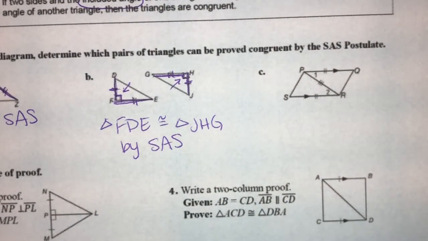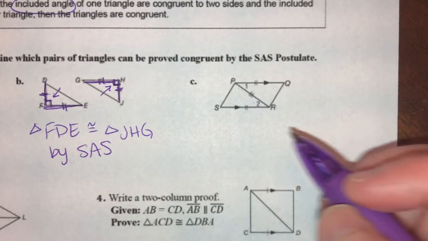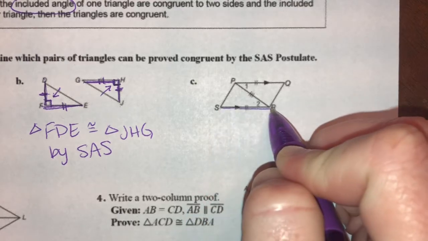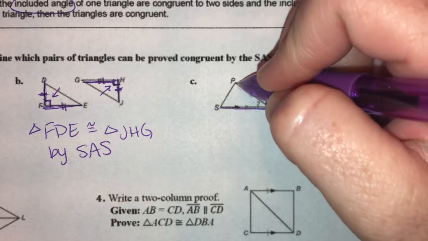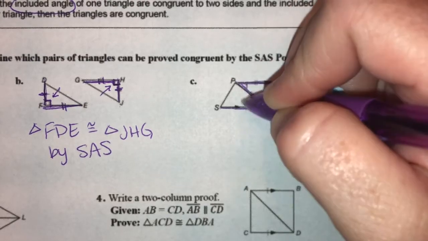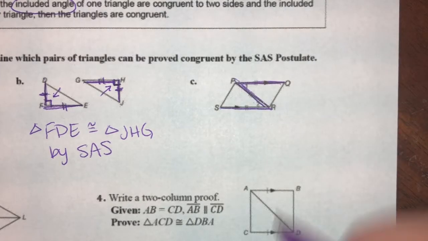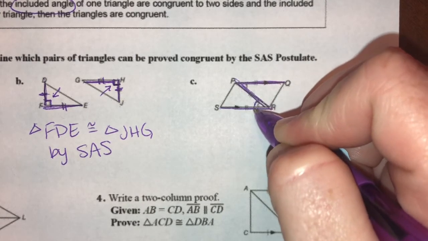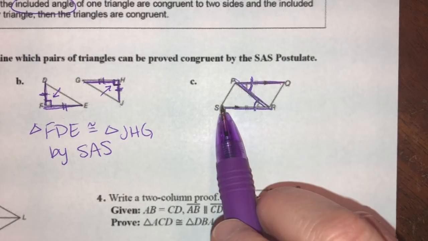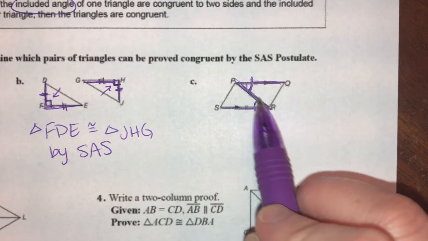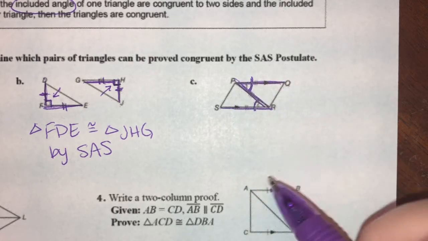And then we have one more. These guys right here. So we've got this top being marked congruent to this guy. Great. This diagonal, when it's used in the bottom, is marked congruent to the diagonal when it's used in the top. And angle 2 here is marked congruent to this angle, right? So we've got a side, an angle, and a side, congruent to a side, an angle, and a side in that order.